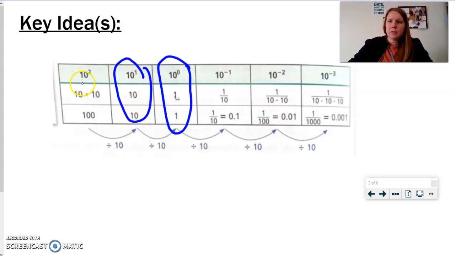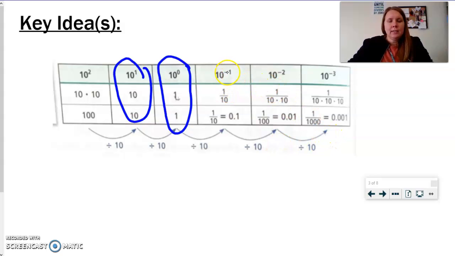We talked about larger powers. 10 to the power of 2 means 10 times 10, or 100. If I do 10 to the 0, it's going to actually just be 1. And from there on, it's like I'm dividing by 10, so I'm going to get smaller and smaller.